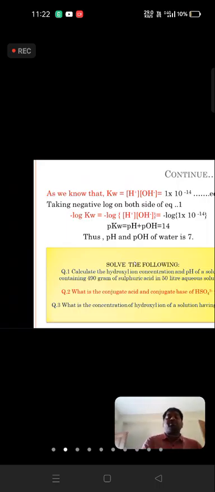First step, we need to calculate the mole of sulfuric acid. Step 1, calculate the mole number of sulfuric acid. Here 490 gram sulfuric acid given. So 490 divided by 98 is equal to 5 mole of sulfuric acid present in 50 liter of aqueous solution.